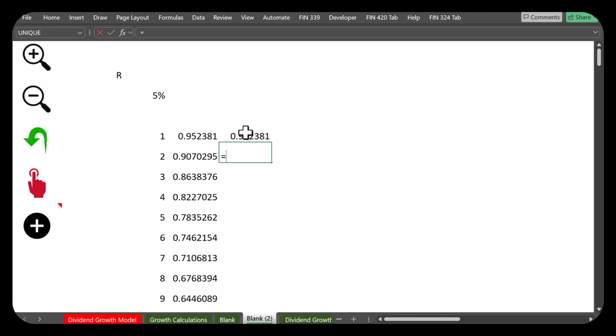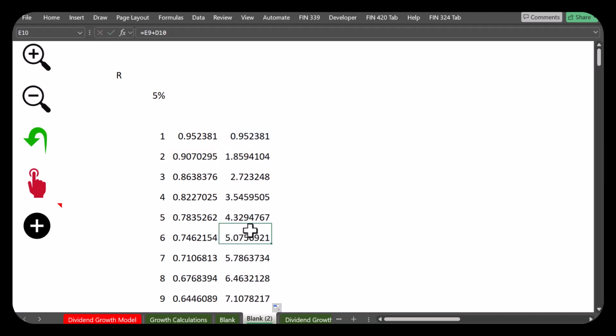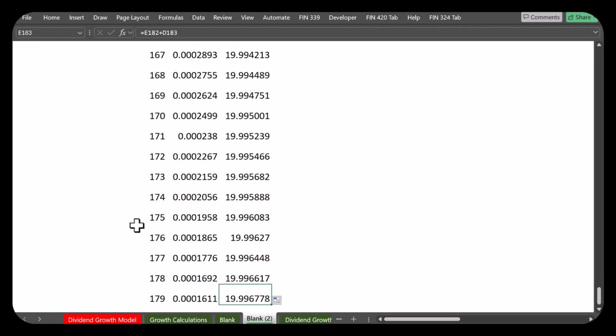Second year, first year's number plus second year's number. As you can see, it doesn't change much at the end. And we know what it's supposed to converge to. It's supposed to converge to 20. 1 over 5% is 20, right?